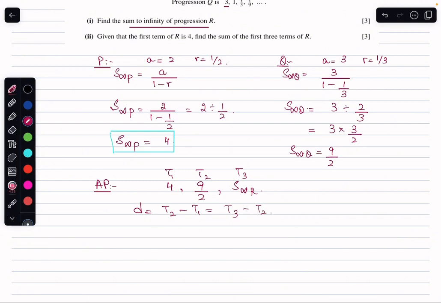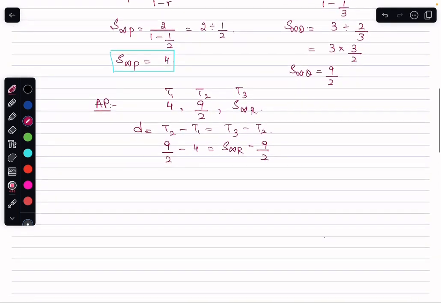So t2 minus t1, substituting the term values, I should be having 9 by 2 minus 4, which shall be equal to t3, which is the sum to infinity for R, minus t2, which is 9 by 2.